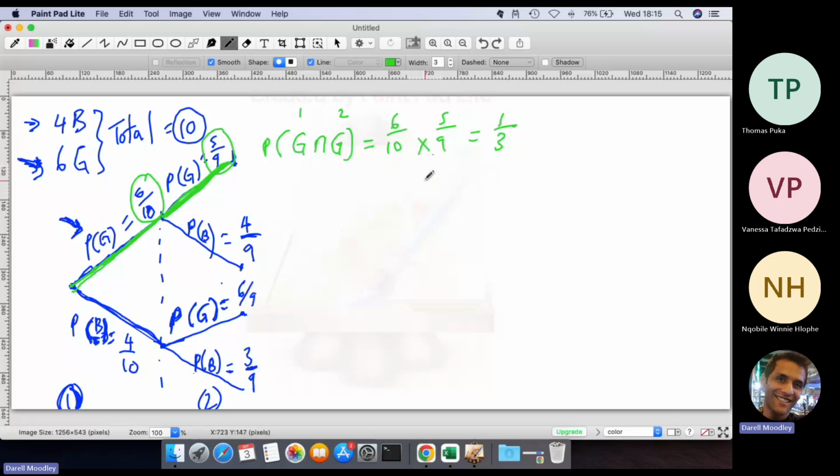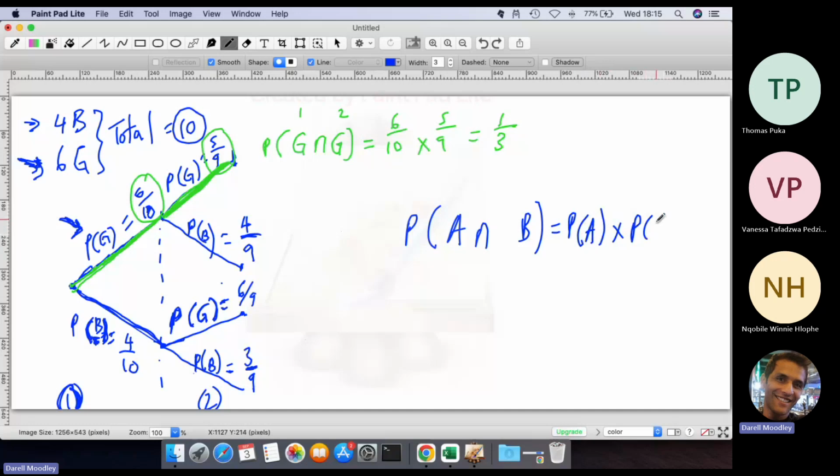Now, why do we multiply them? This comes down to the property of independence, which we covered last week. So last week I explained when 2 events are independent, okay? Say you have 2 events, one event is A and the other event is B. And if they are independent, then the probability of both of them occurring together, or the joint probability of them, can simply be rewritten as the product of each of them.